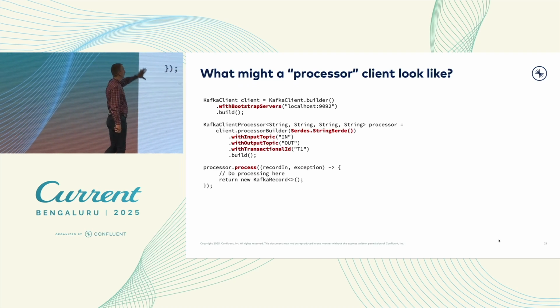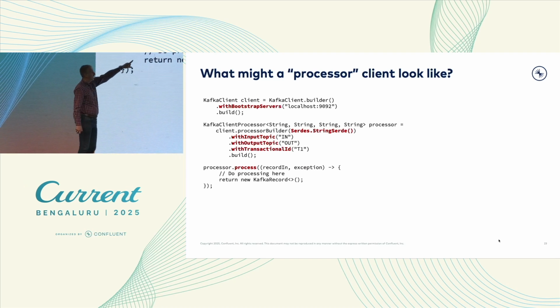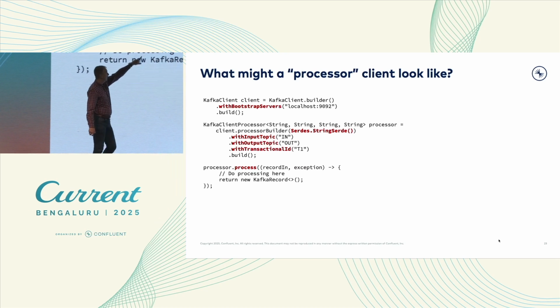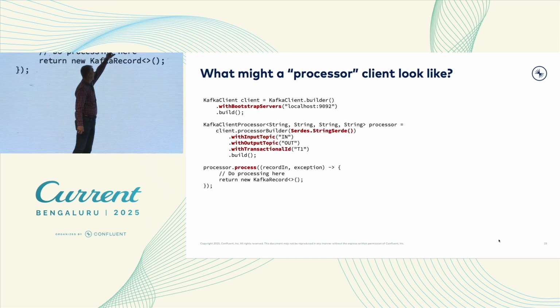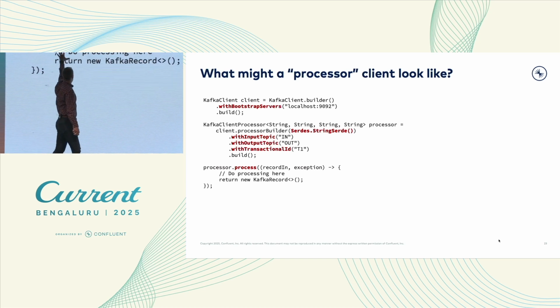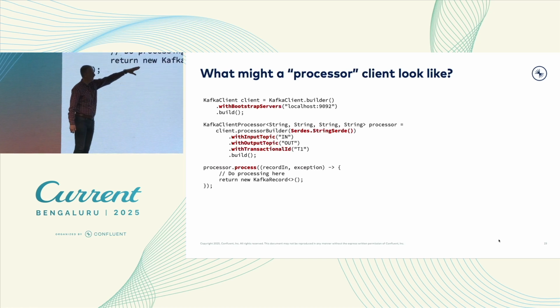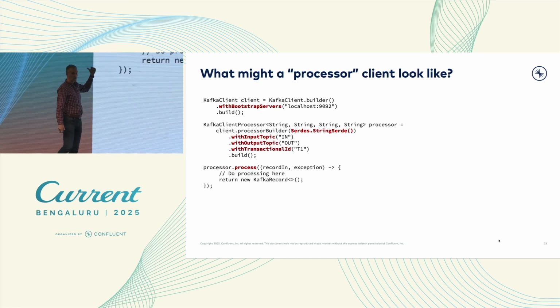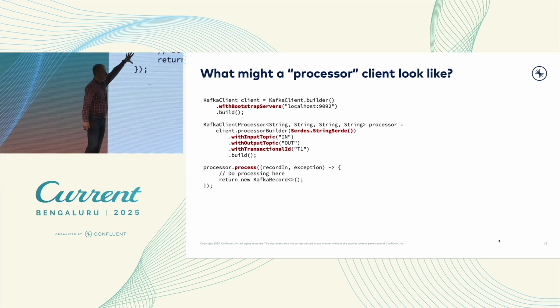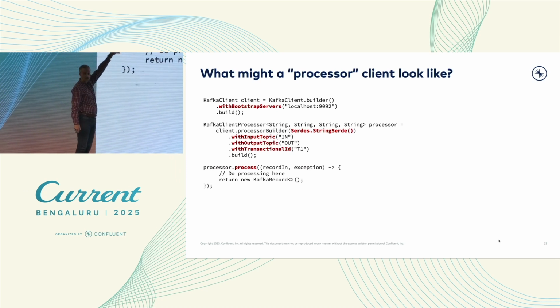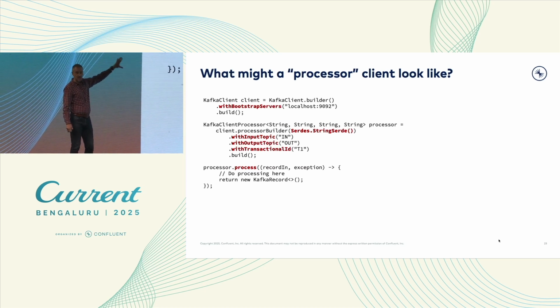And then you call processor.process, and this is a lambda, so this gets called for every record that comes in, or if there's an exception, okay? And then you do your processing in here, and then you return a record which gets put onto the output topic, okay? And this is surrounded inside the Kafka client's implementation by the code to do the transaction, written correctly because the application programmer didn't need to worry about it.